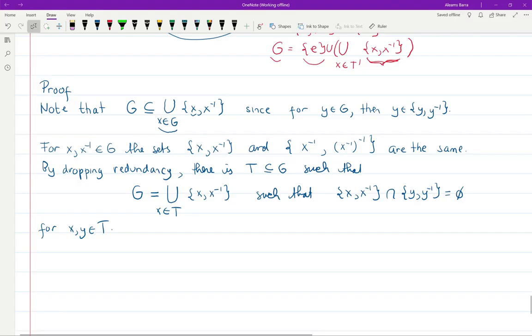Now you basically follow the same idea. Write G as E union the sets for X in T without E. When X is equal to E, since E is an element of G, in particular the neutral element is contained in the set of E and E inverse, which is exactly just a singleton.